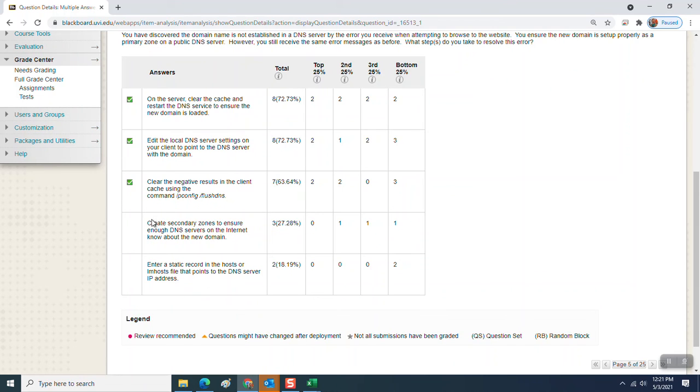If you create a secondary zone, that's not going to clear the issue. Or if you enter a static record for the hosts and the IP address, that's not going to help. You can't enter IP addresses into host name associations for everything you're doing on the internet. Your hosts record would be ginormous.